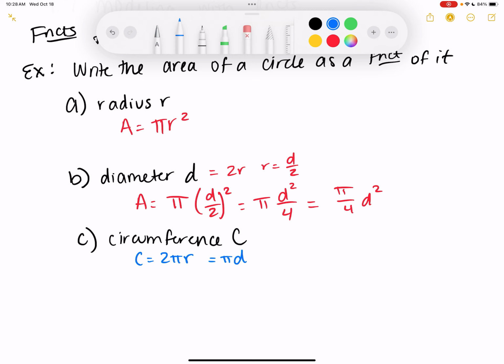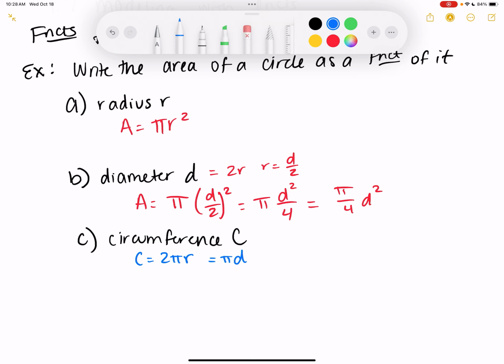Again, I'm finding the area of the circle as a function of circumference, so I can't have radius in there. I'm replacing radius from my original equation with circumference. So I basically need to get r by itself here, or the other option would have been to use d if you did pi d.